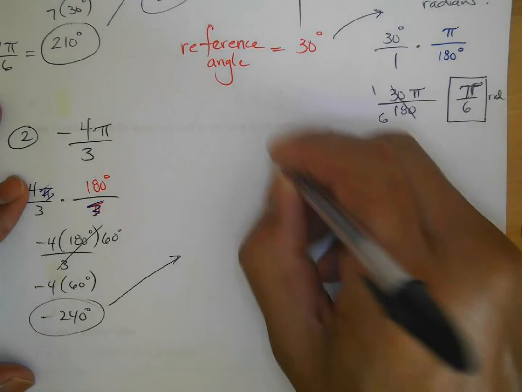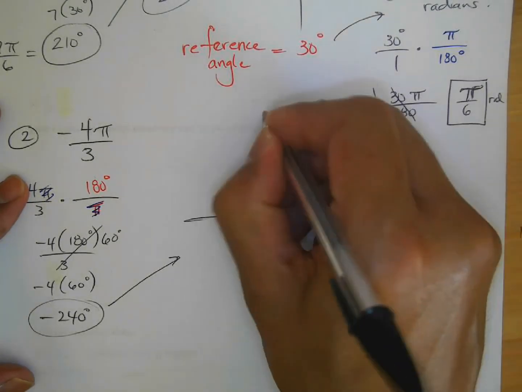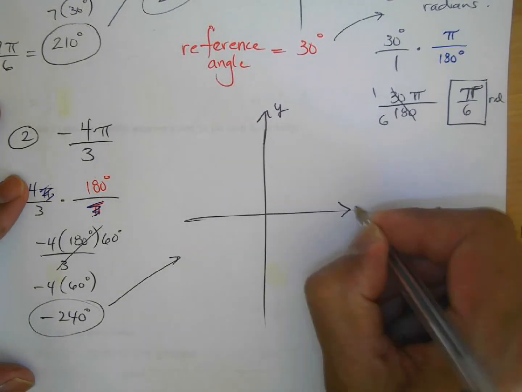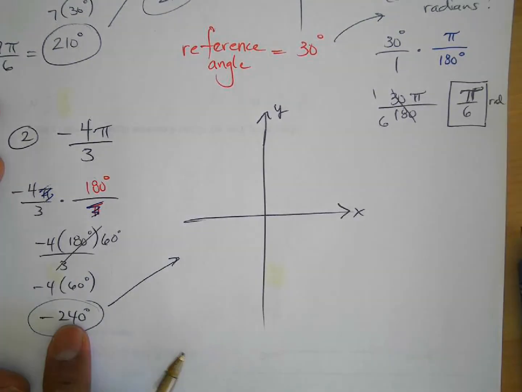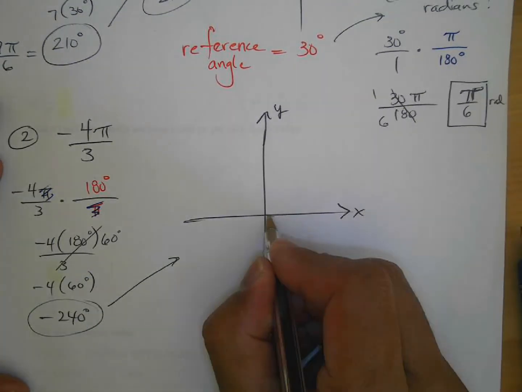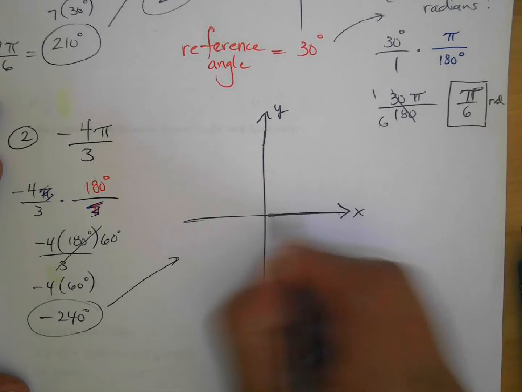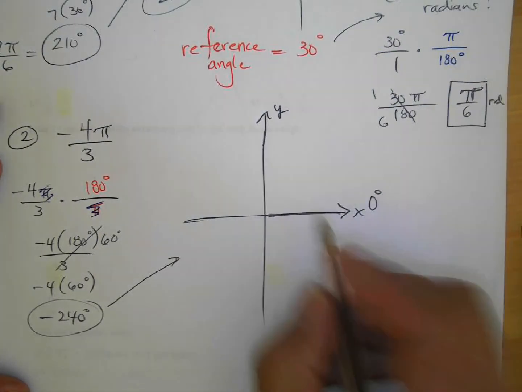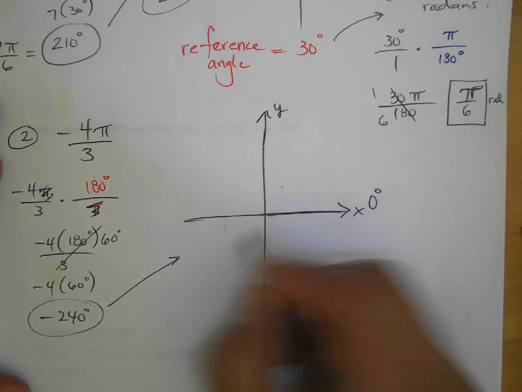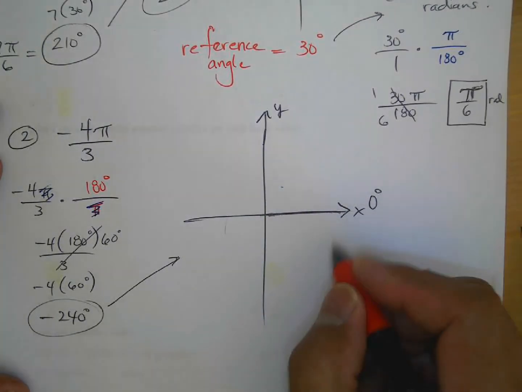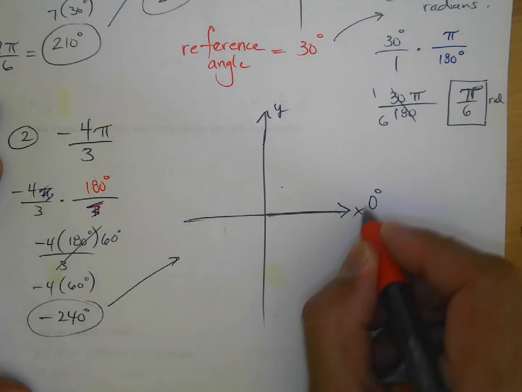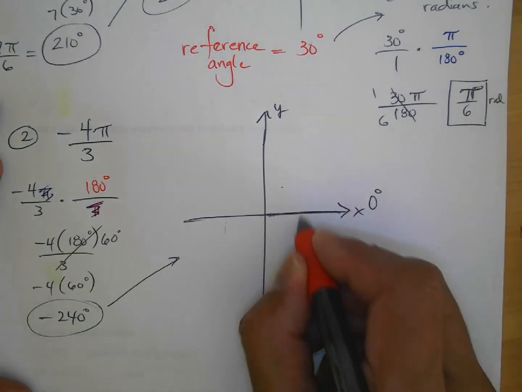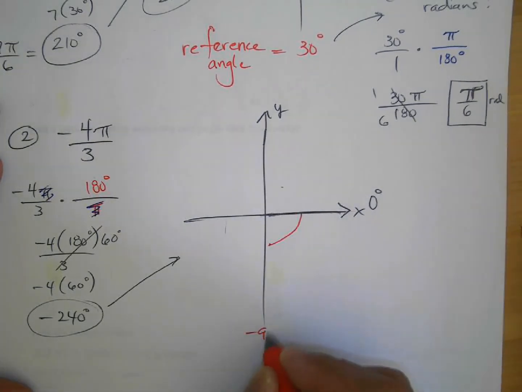Let's draw this out. Remember, the initial side: all angles in standard position start here, at 0 degrees. But if you go negative, remember that's clockwise. That's this way. So negative 240 is here. This would be negative 90.